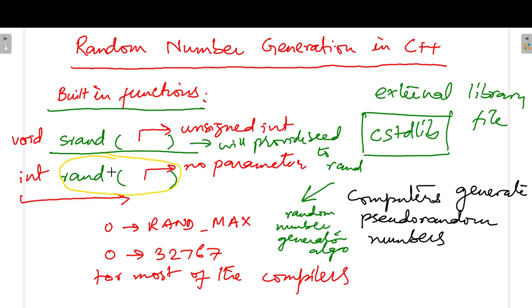So in summary, in order to generate random numbers, we need to use the function rand, but rand requires a seed, and that seed is provided by srand. If srand is not used in our code, then the default seed that is provided to rand is 1.